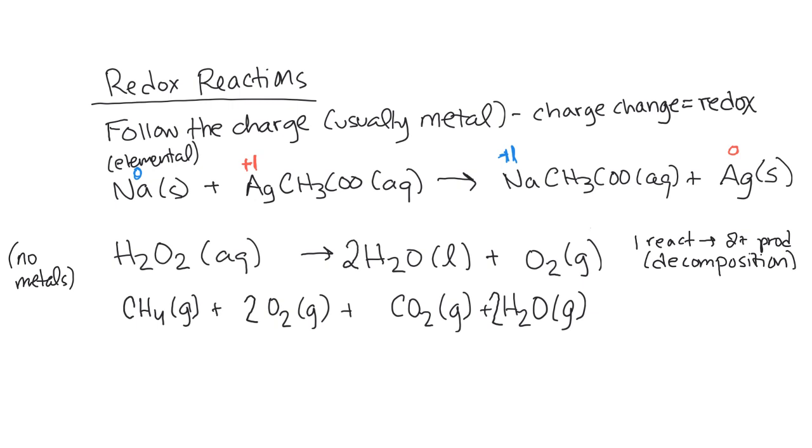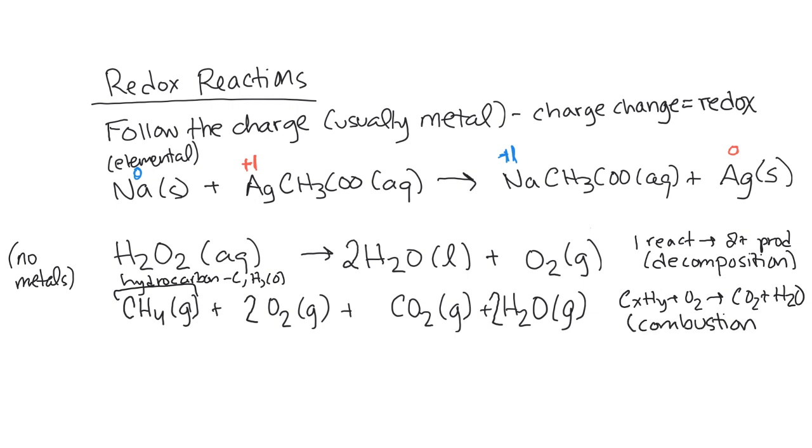And then this one right here is CxHy plus O2 makes CO2 plus water. This thing right here is an example of what we call a hydrocarbon. A hydrocarbon contains carbons, hydrogens, and maybe oxygens. If a compound like that reacts with oxygen, that is a reaction type called combustion.